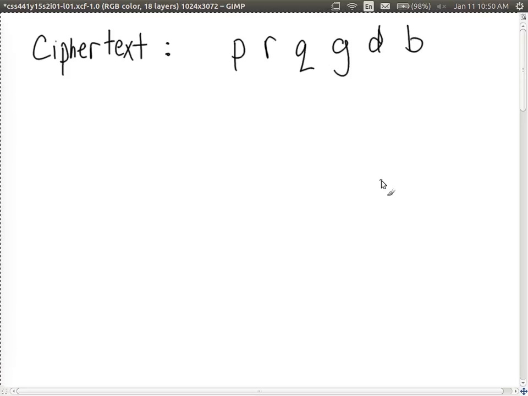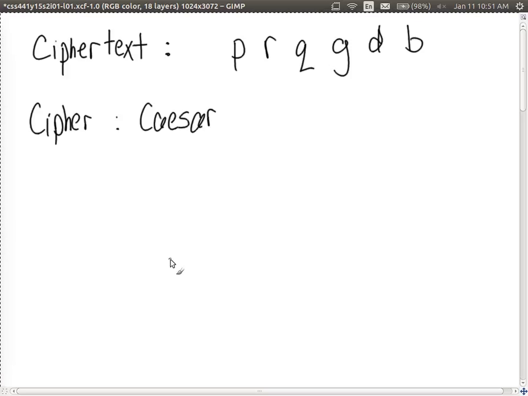Find the plaintext. You're the attacker. What's the plaintext? The cipher is the Caesar cipher in this case. What's the plaintext? Calculate it for yourself. Decrypt. And if you look on the lecture slide, you'll see the matching of letters.